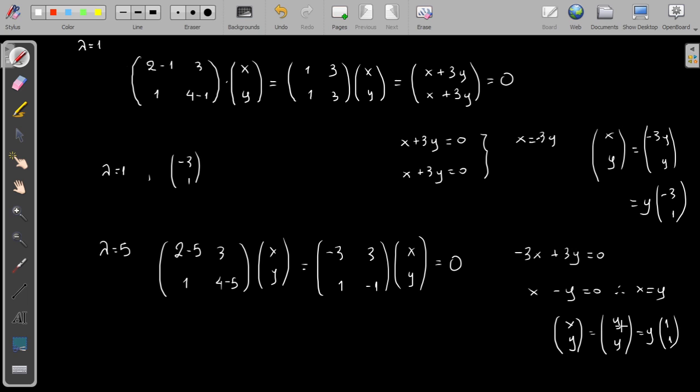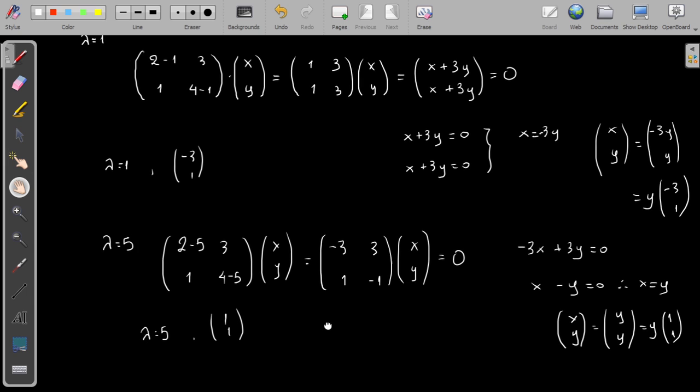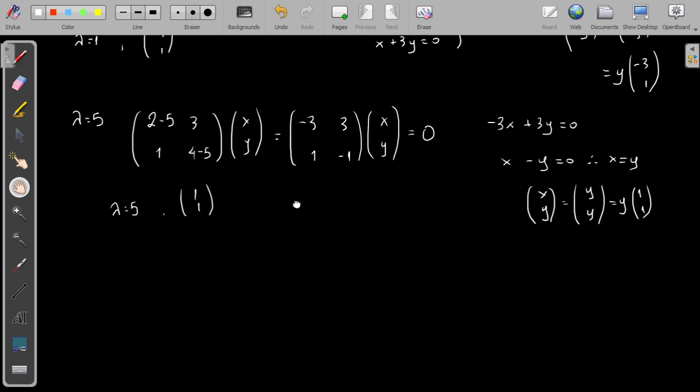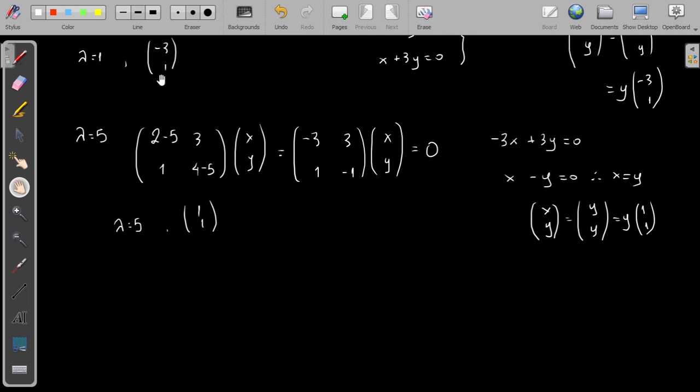So the eigenvector for the eigenvalue 5 is 1, 1. Now, since you found the eigenvalues and eigenvectors, here are my eigenvalues and eigenvectors. Now, the only thing left to do is to write the solution.